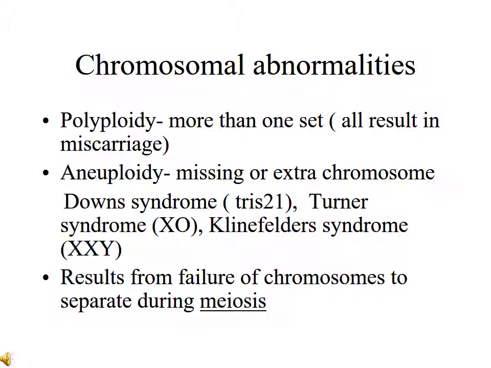Examples of this would be Down syndrome, often referred to as trisomy 21; Turner syndrome, X only without a Y or additional X's; and Klinefelter syndrome, two X's and a Y. Now, when we look at abnormalities that are due to sex chromosomes, most often the result will be a failure of the sex organs to fully develop.